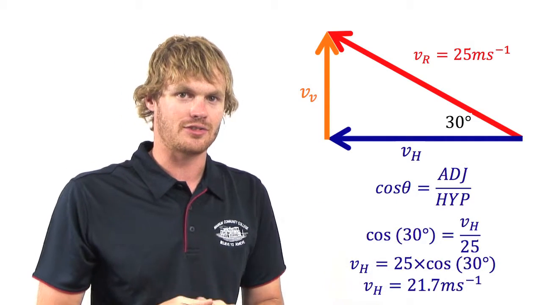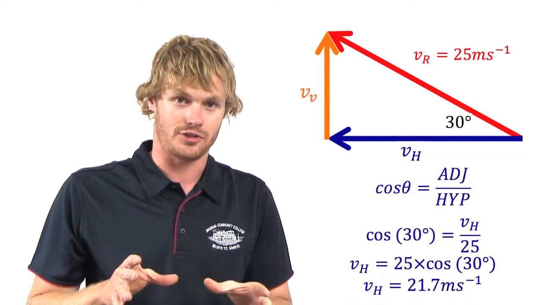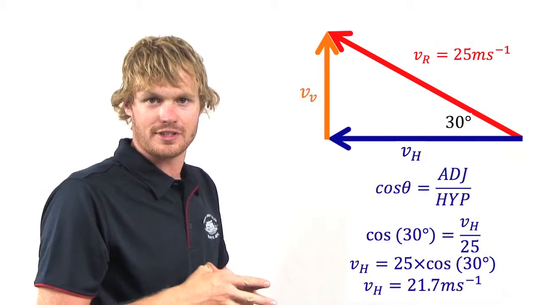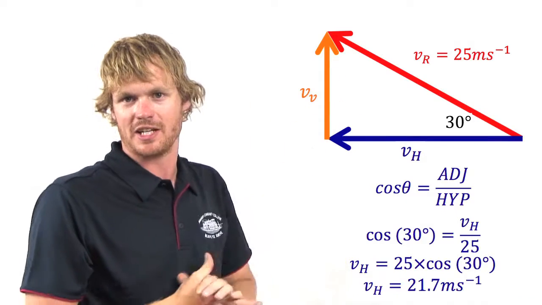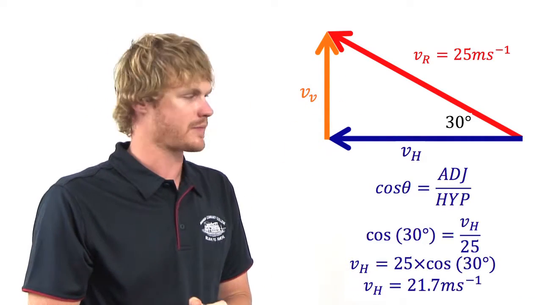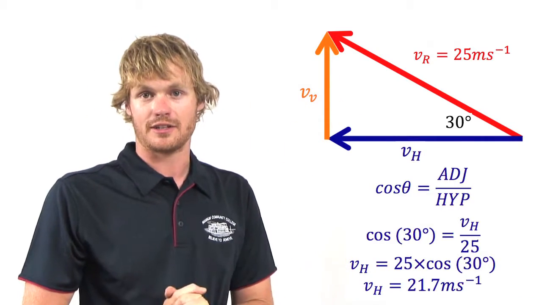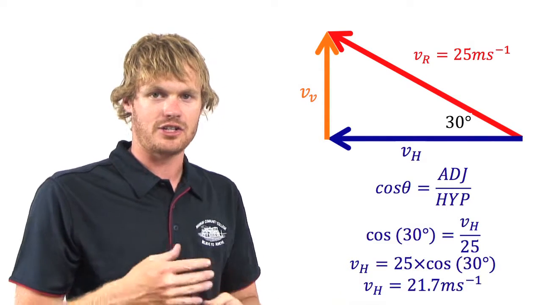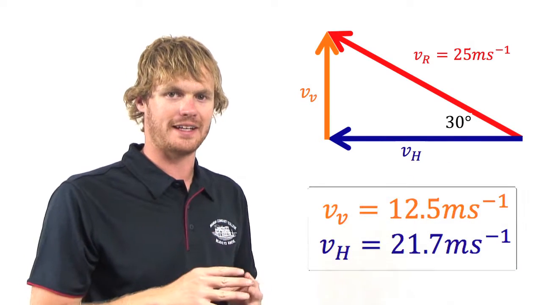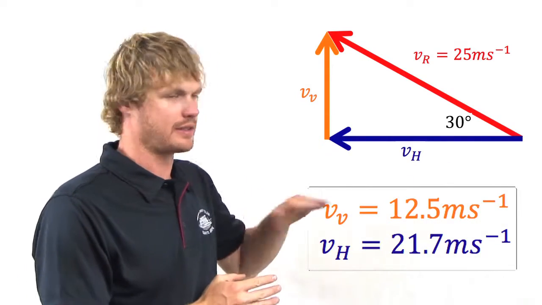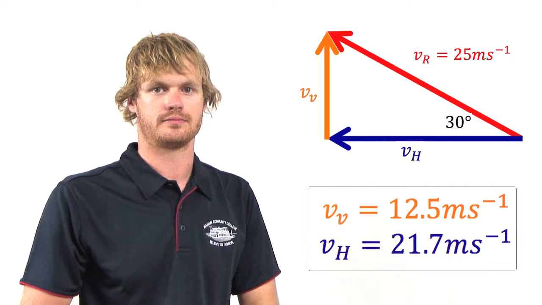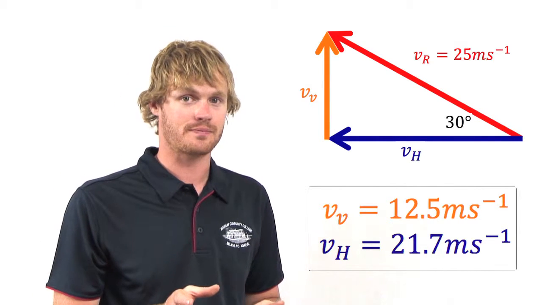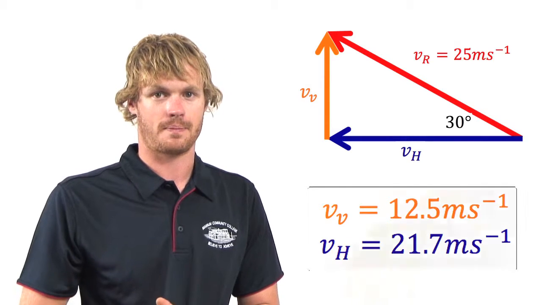Cosine theta is equal to adjacent over hypotenuse. So the hypotenuse in this case is going to be my 25 meters per second of my resultant vector. My theta is 30 degrees. If I substitute that in and rearrange, I can find out that my sizes are as such. So that's how we find out the components of our vector.